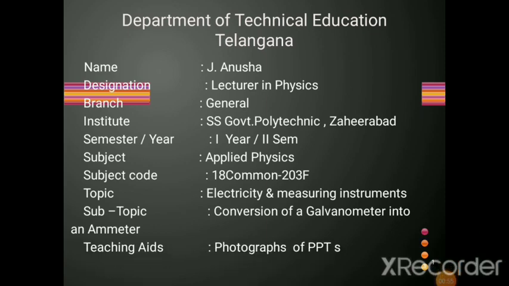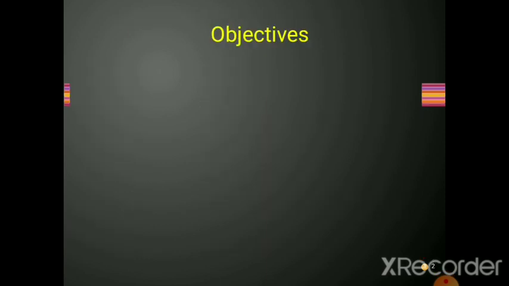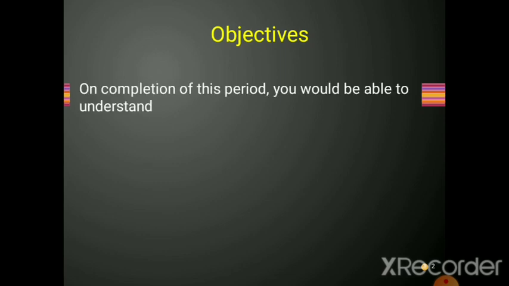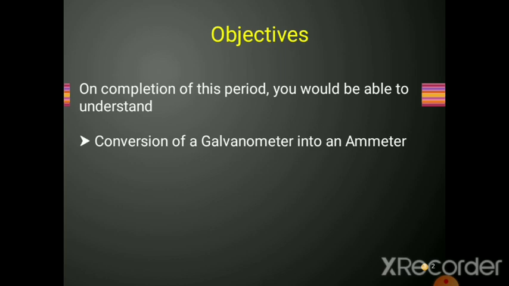To learn this, we are using a small PowerPoint presentation with the help of pictures if needed. We'll learn how we can convert a galvanometer into an ammeter. The main objective of today's class is that on completion of this period, you would be able to understand the conversion of a galvanometer into an ammeter.